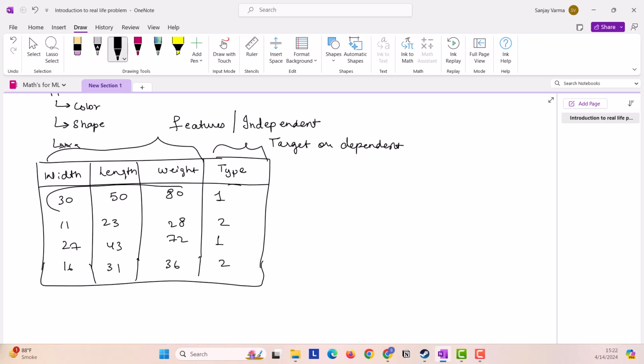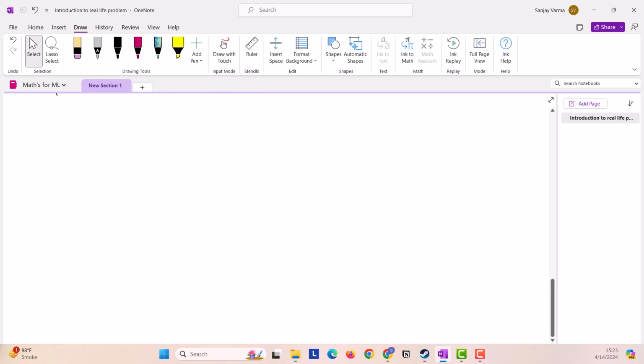This is called data points, and the entire table is called a data set. So both these terminologies are clear. It's not much difficult. Now let's move on.